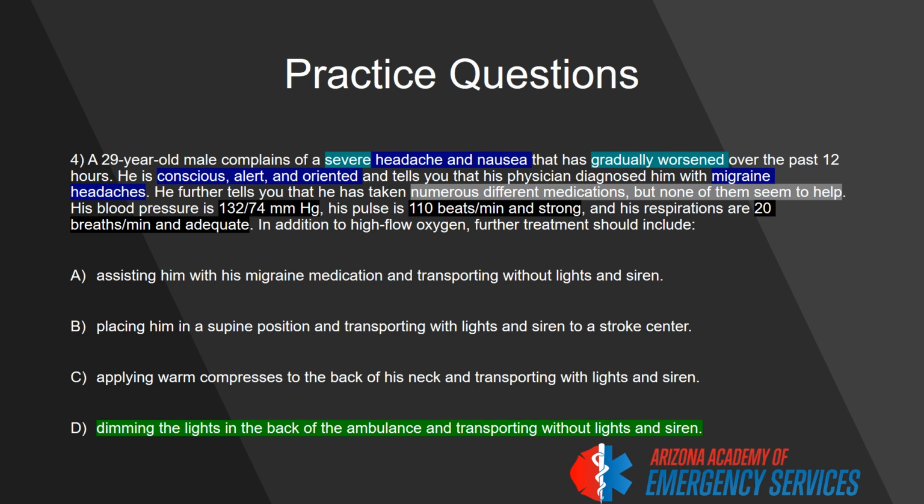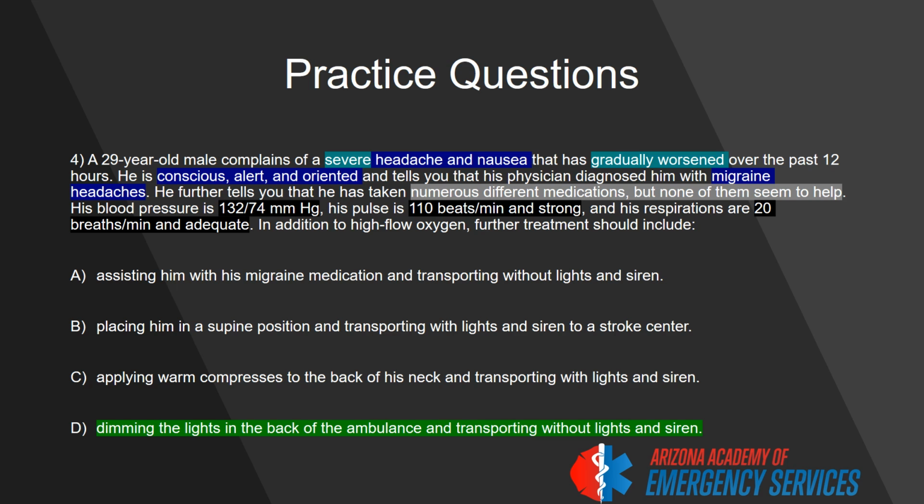And when you look at answer option A, B, C, and D, they all have the same general idea in terms of it's asking you how are you going to transport this patient. It's not necessarily talking about treatment. It's talking about how are you going to transport them? How are you going to make them the most comfortable as to not aggravate their signs and symptoms of a migraine?